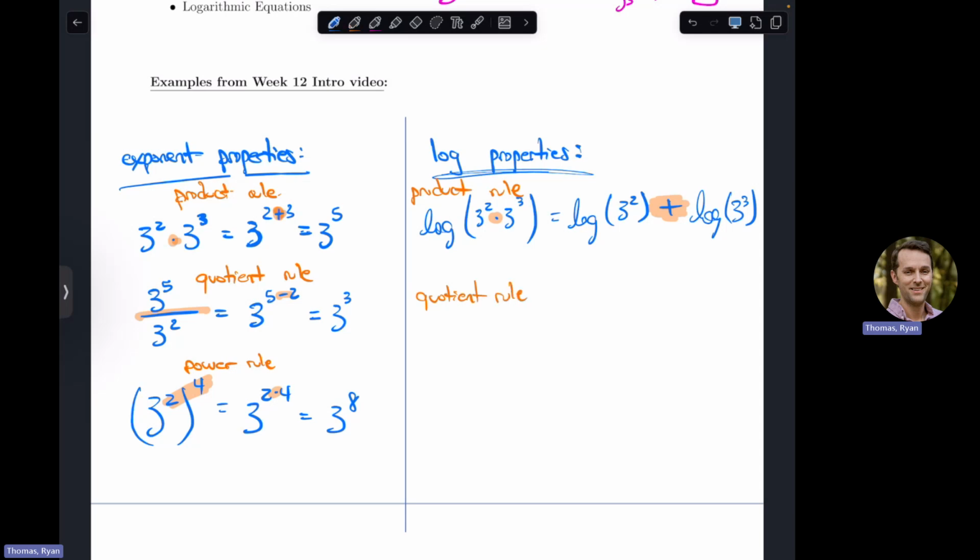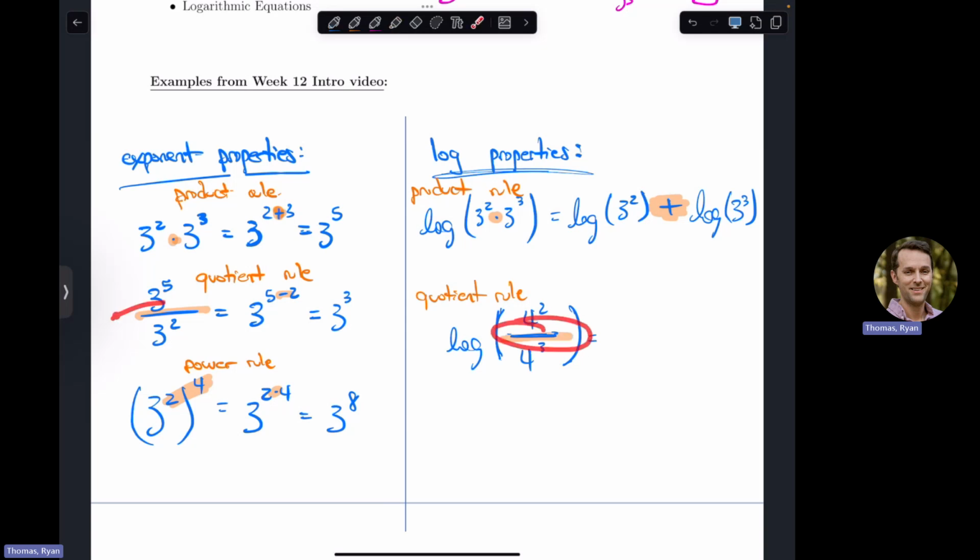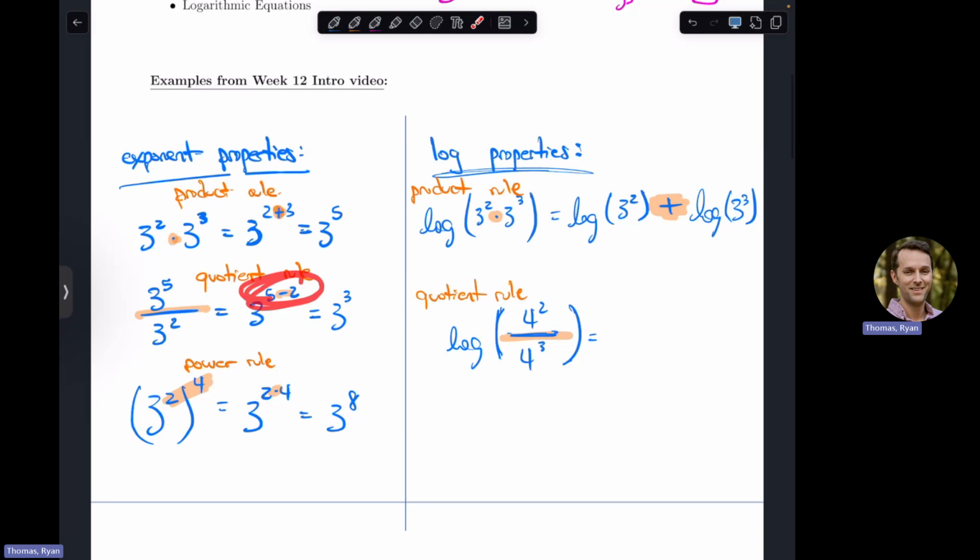Similarly, we have a quotient rule for logs. It says the log of a quotient, and again, whatever, 4 squared over, I just need something there, right? This division is like this division, right? And that means that if the log is going to tell me about the exponents, what happens is we get the difference.